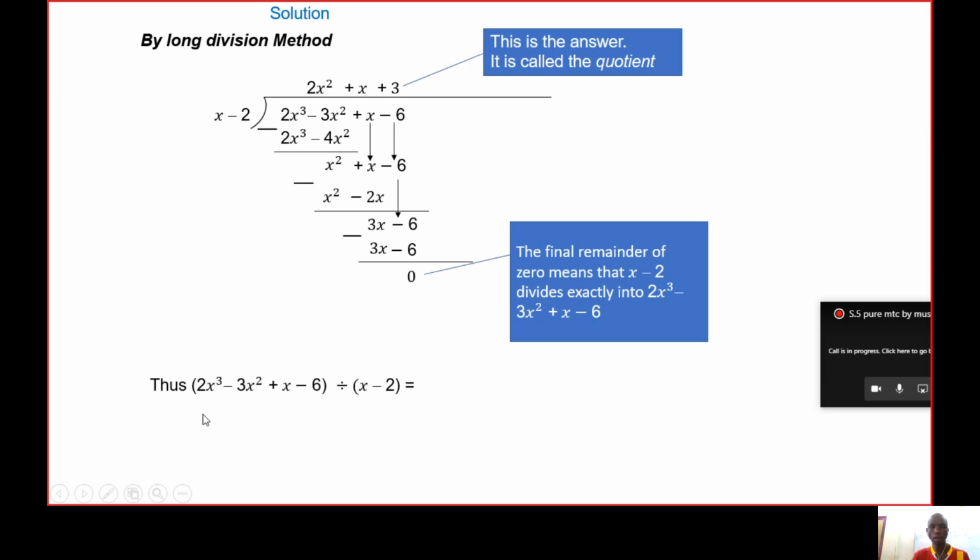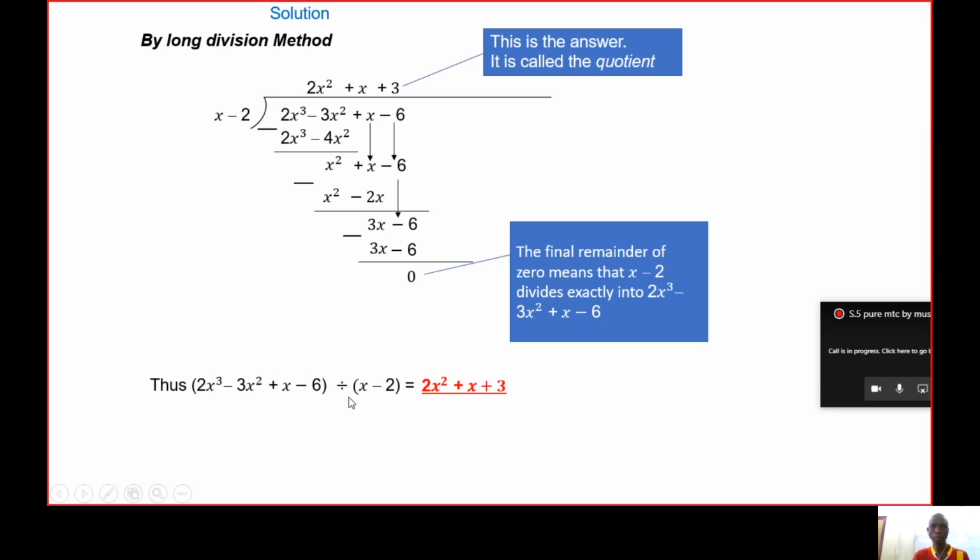So 2x cubed minus 3x squared plus x minus 6 divided by x minus 2, what is our answer? Our answer is 2x squared plus x plus 3. Simple like that.